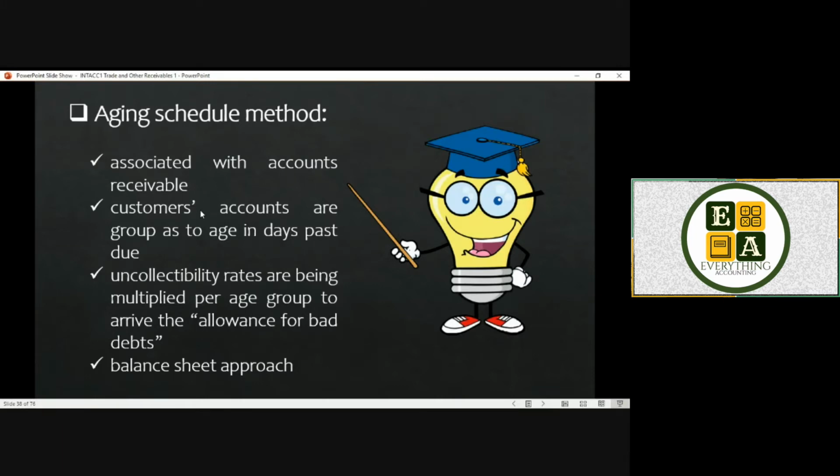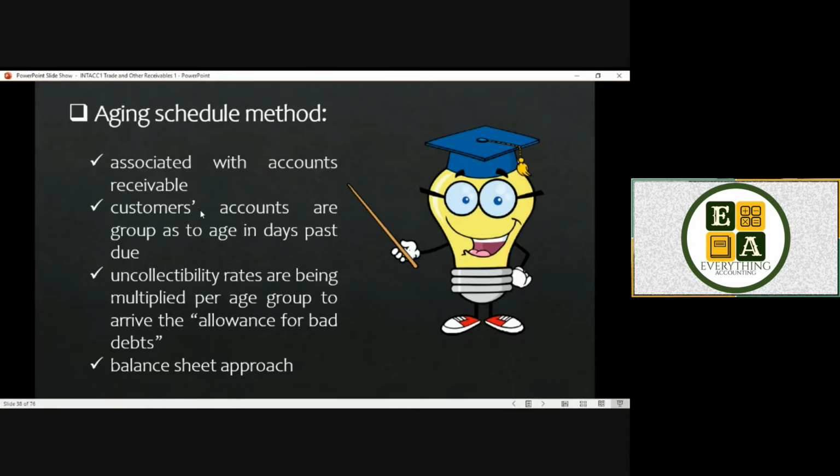Aging schedule method is a balance sheet approach. Bakit siya balance sheet approach? Because the amount na na-arrive natin is an allowance for bad debt, which is a balance sheet account. Another clue, yung involved na account is accounts receivable.